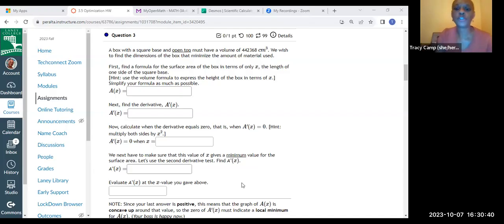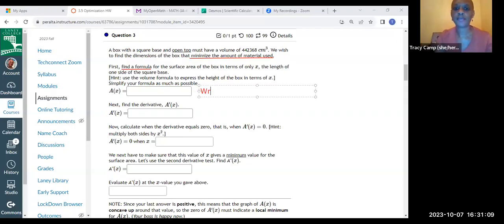So with these optimization problems, your job always is to find a formula for whatever you're trying to minimize. In this case, we're trying to minimize the amount of material used.